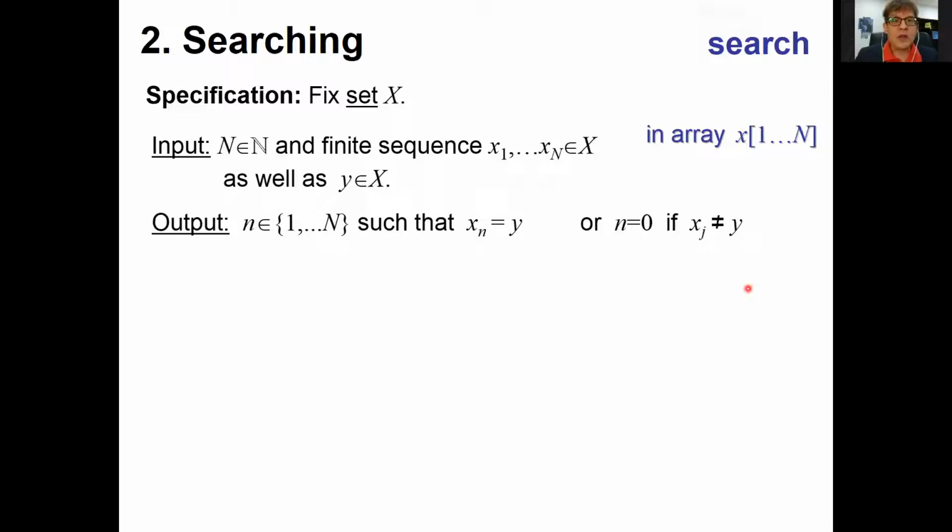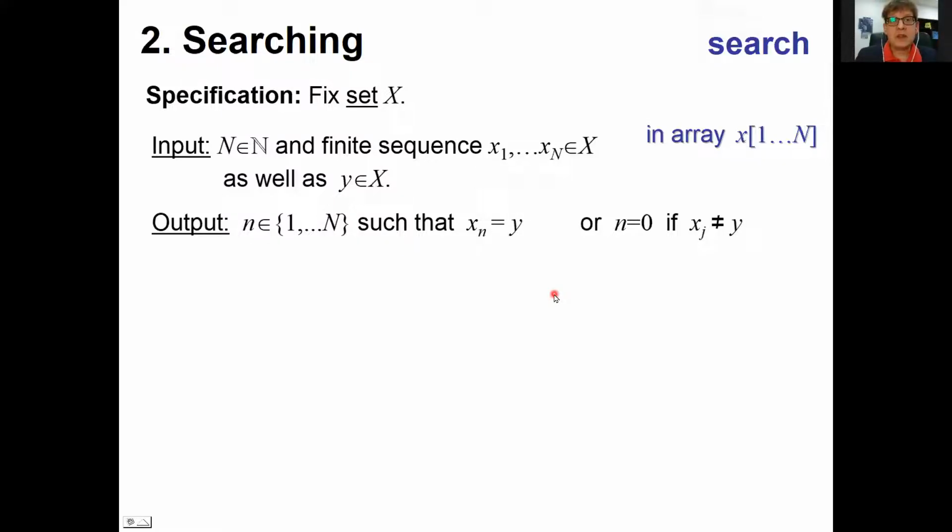One variant of the search problem specification is the goal to find an index in the sequence where the given element y occurs, if such an index exists, or an indicator that the element does not occur in that sequence. And if y occurs repeatedly, then any such index is a permitted return value.